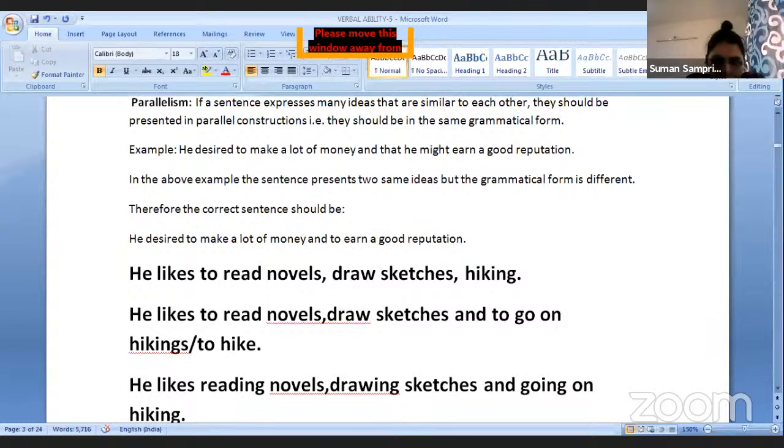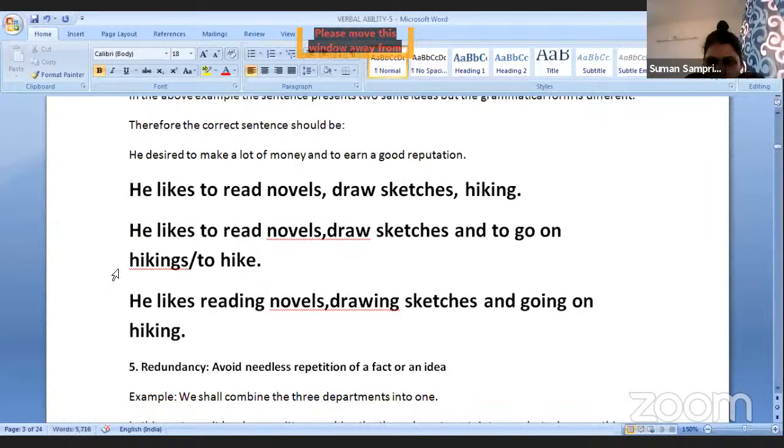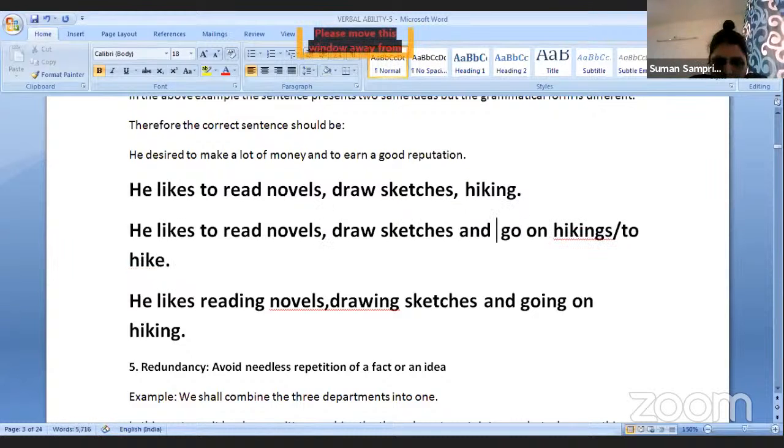So this is a kind of parallel structure, means there should be a unity in the sentence. Suppose I am writing like this, to read, so in that way it would be, and go on hiking or to hike. Then next one.